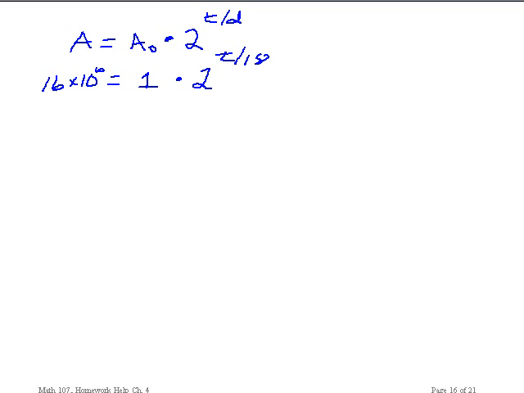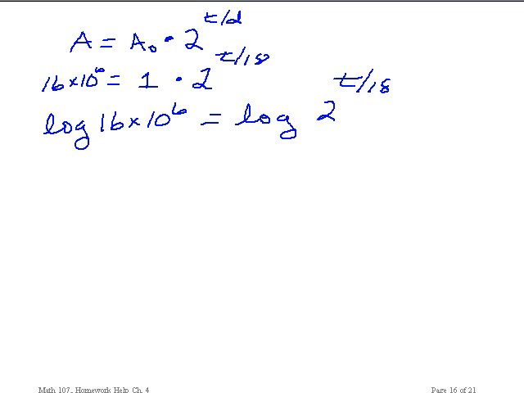So now I've got to get the t down from being an exponent. So I'll take the log of both sides. I've got the log of 16 times 10 to the 6th equals the log of 2 raised to the t over 18. The t over 18 is going to come out in front. And I have to evaluate some numbers. Log of 16 times 10 to the 6, you can do that on your calculator. It's 7.2 something, 7.204 I guess.